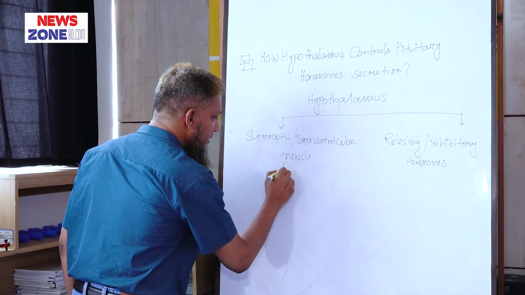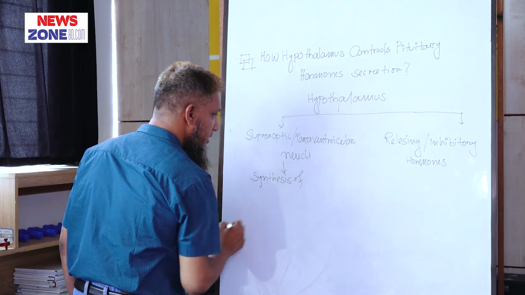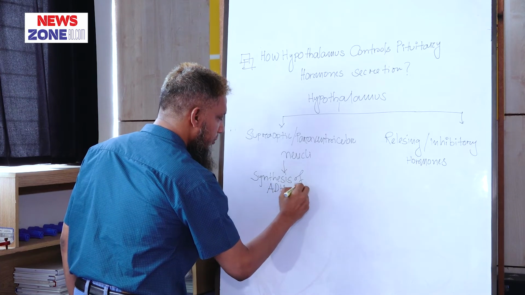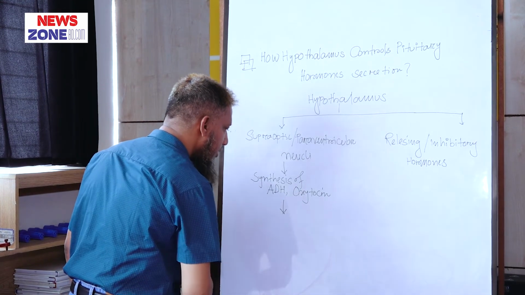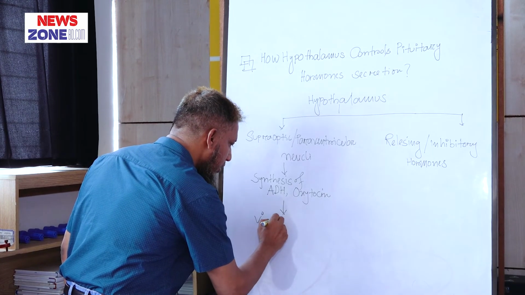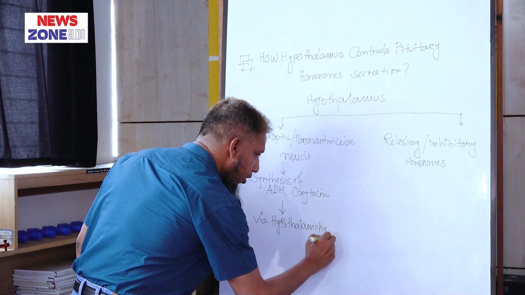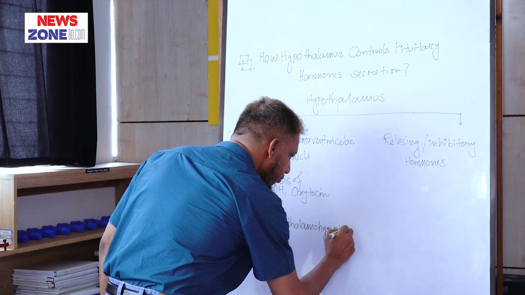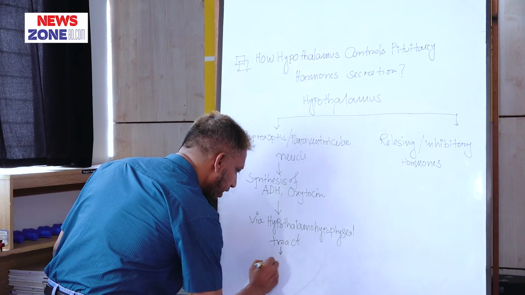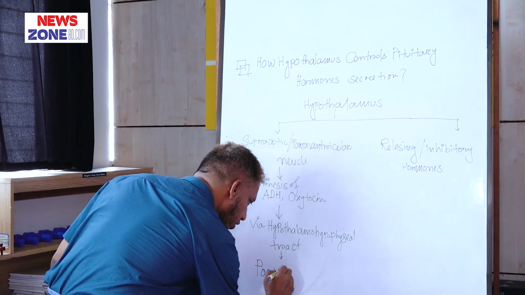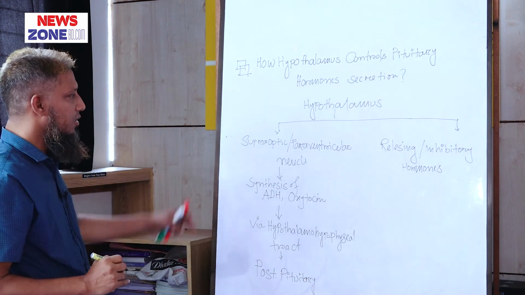Then this supraoptic and paraventricular nucleus synthesize ADH, oxytocin, via hypothalamo-hypophyseal tract, stored in the posterior pituitary. Okay? So, this is the conclusion.